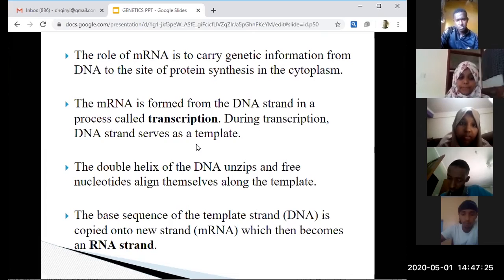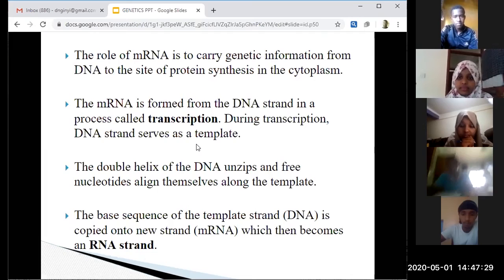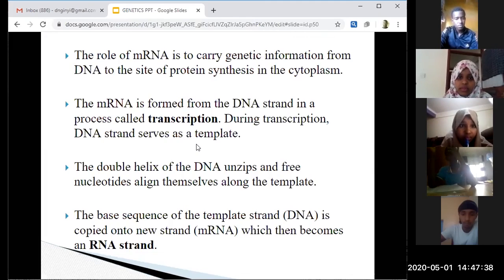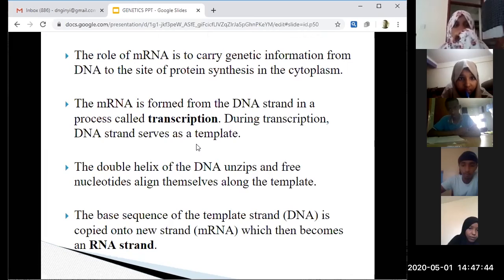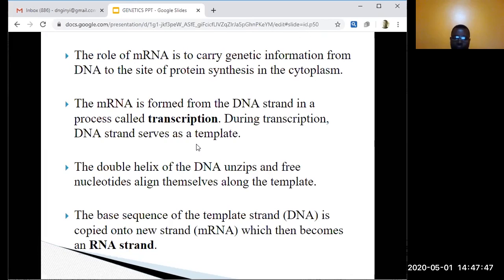The messenger RNA is a single strand formed from the DNA strand, and the DNA strand serves as a template. Transcription is the copying of the coded information in the DNA molecule onto the messenger RNA, so that the messenger RNA can move out of the nucleus and take that coded information to the ribosomes in the cytoplasm.